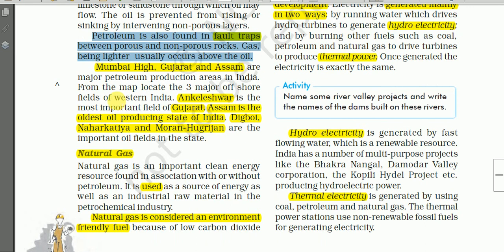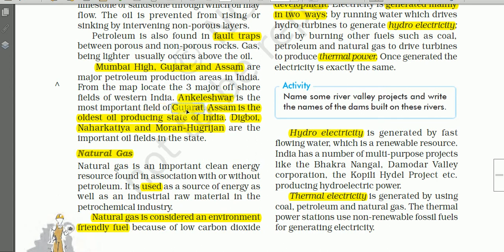Let us now examine the distribution of petroleum. Mumbai High, Gujarat and Assam are major petroleum production areas in India. Ankleshwar is the most important oil field of Gujarat.